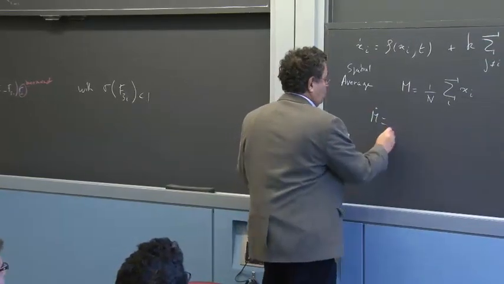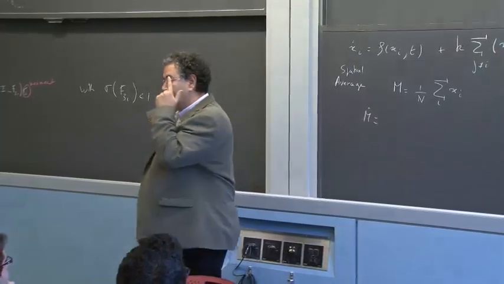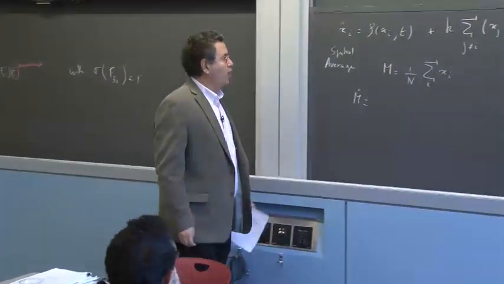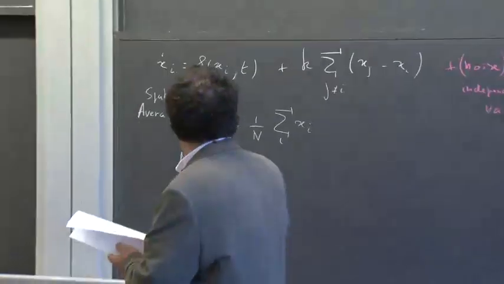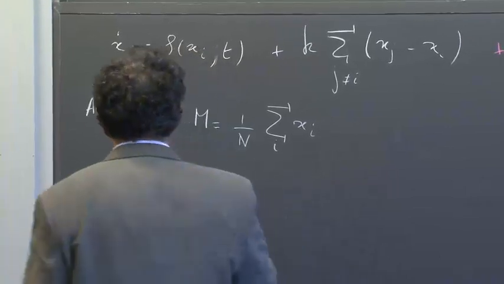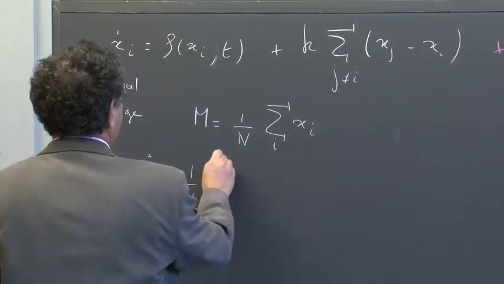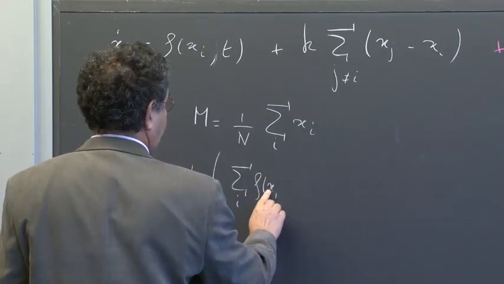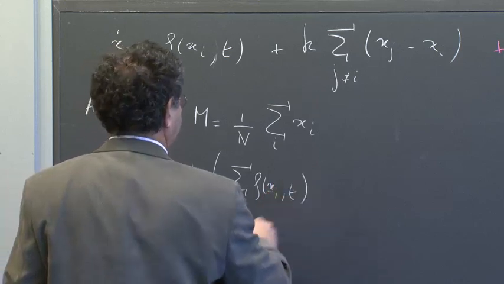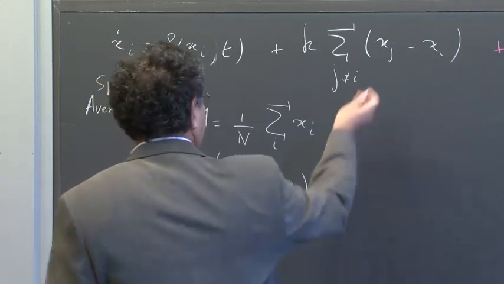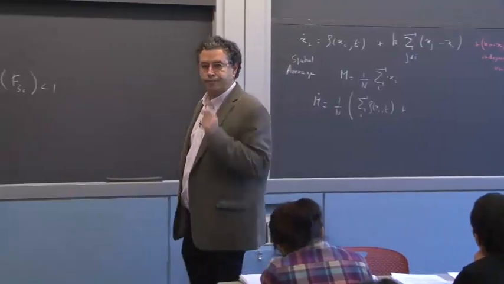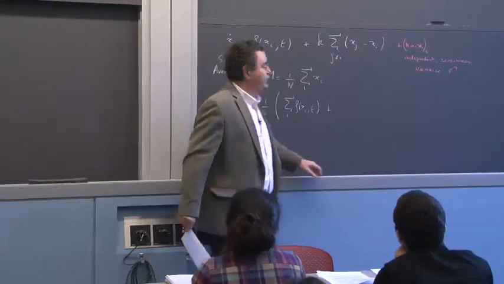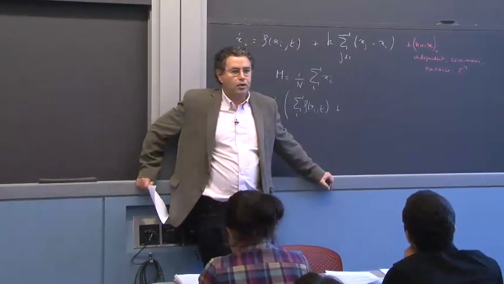So let's compute m dot. m dot is, of course, 1 over n times the sum over i of these f of xi and t. So what's the second term? It's the sum over i of all these things, and what is that equal to?